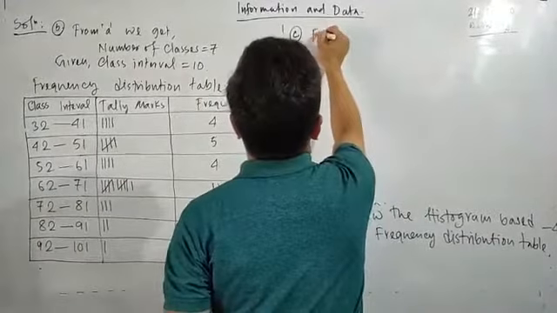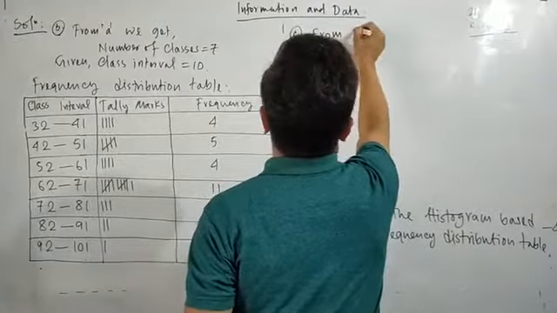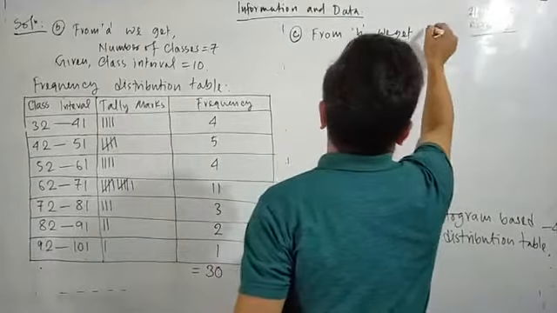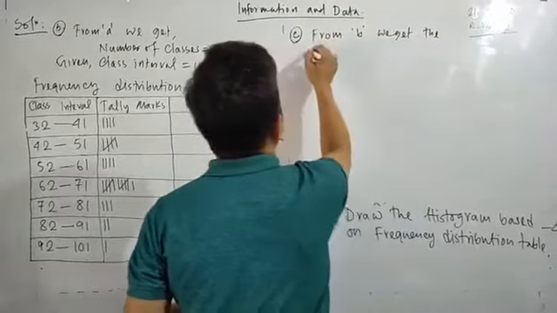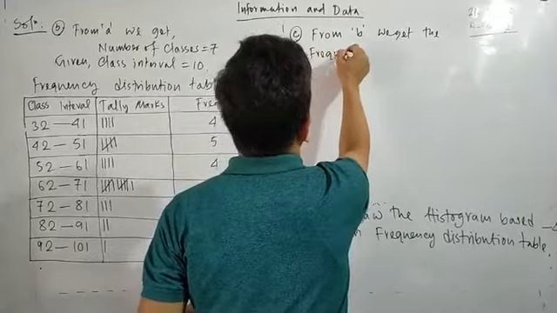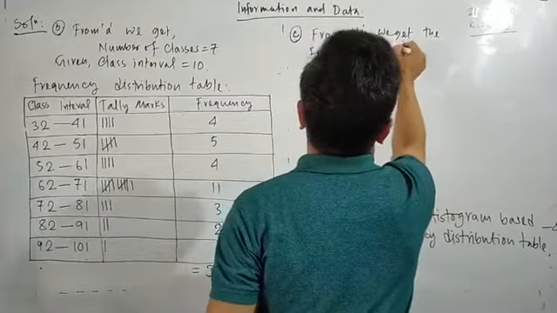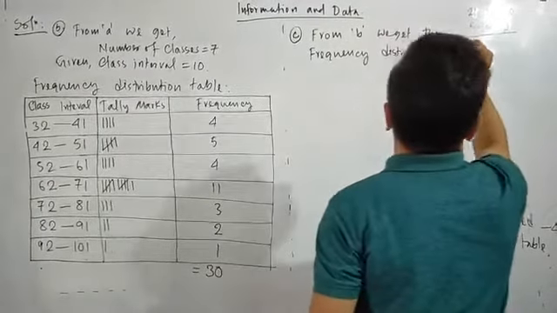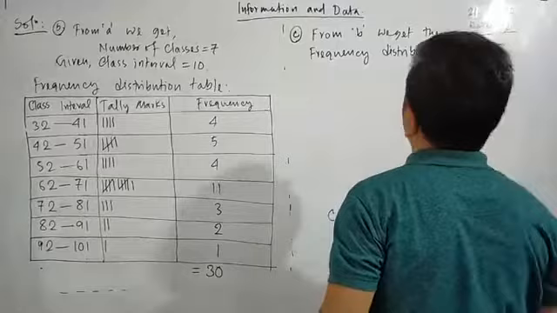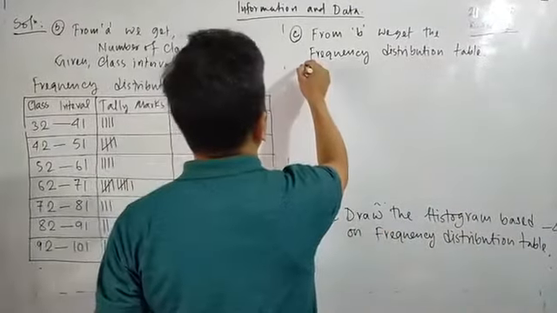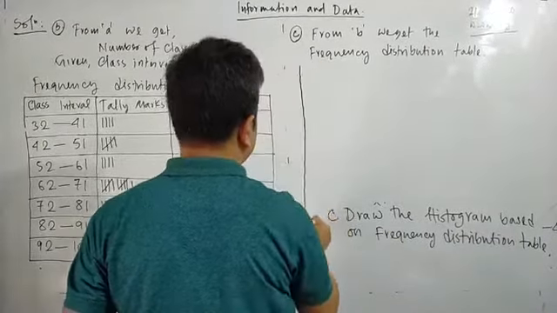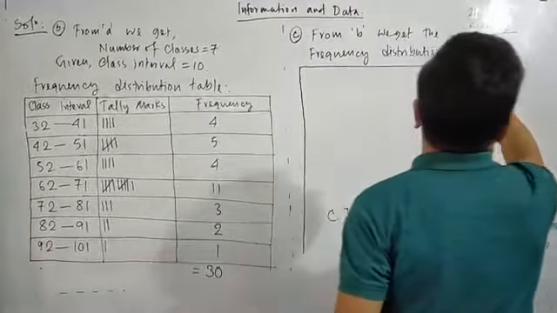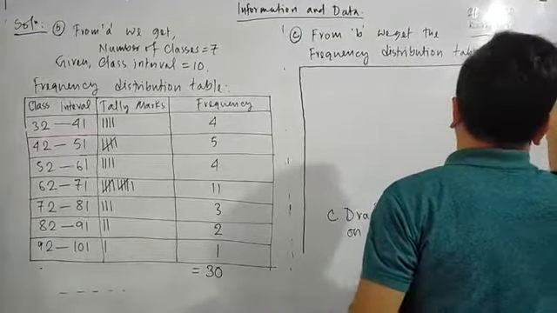From B we get the frequency distribution table, so we are drawing this frequency distribution table here.